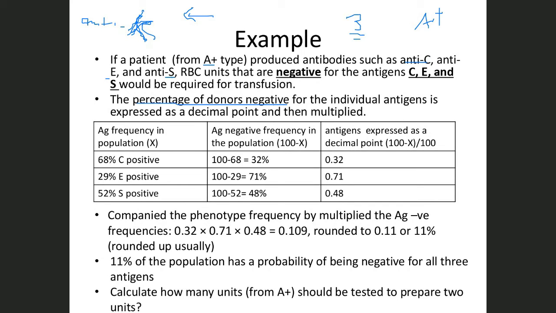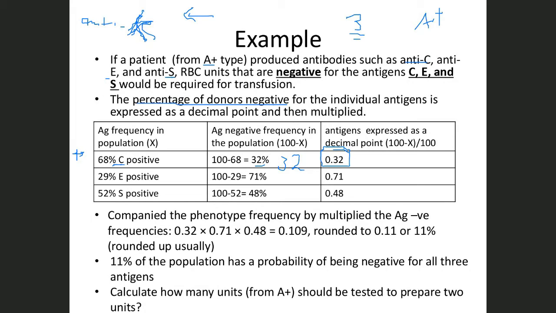For example, here they tell me that 68 percent of the population carry big C. I want to know how many of them lack C. It's very easy: I subtract 68 from 100, so 32 percent of my population don't carry the antigen.